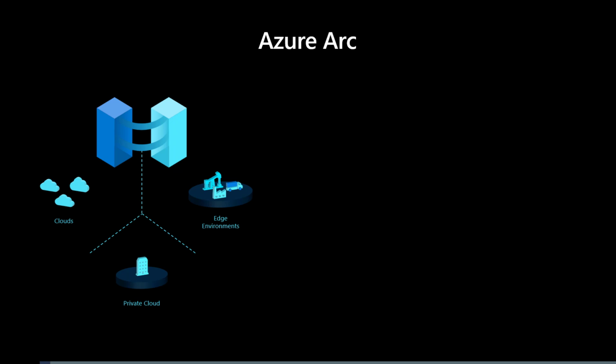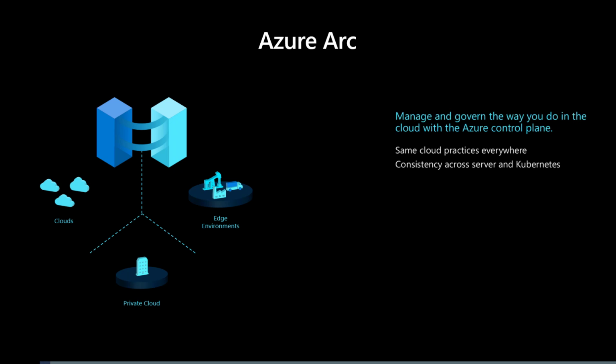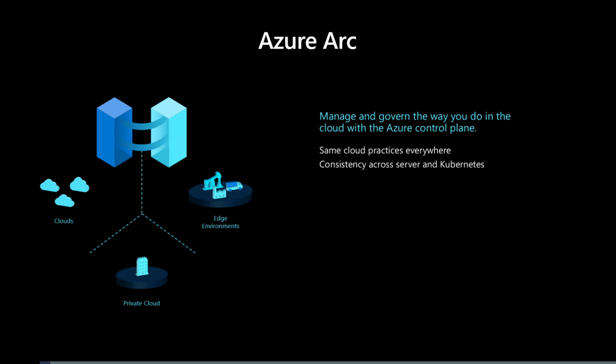Azure Arc is part of Microsoft's hybrid strategy, and there are a couple of aspects to this. The first aspect is what you already have today: virtual machines, servers, physical machines, it doesn't really matter. But also Kubernetes, which is more and more becoming a standard for deploying applications everywhere.